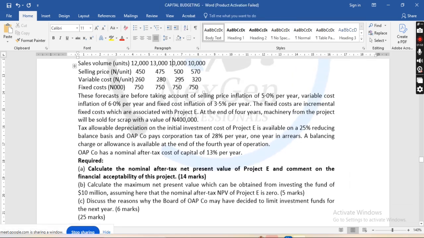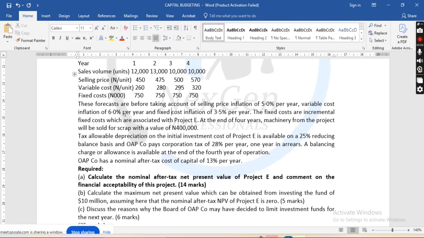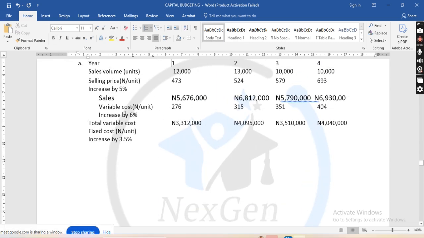Please just give me the figure, I don't want to do any calculation now. Figure for year one.